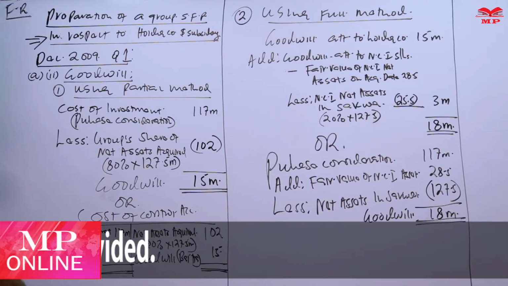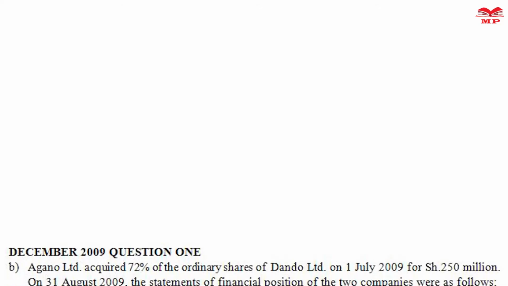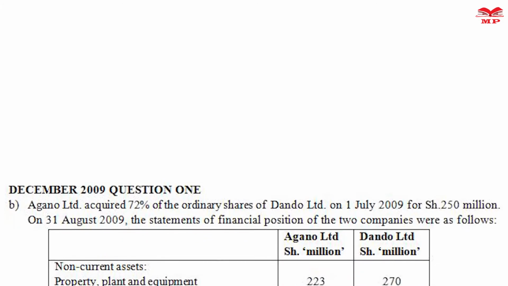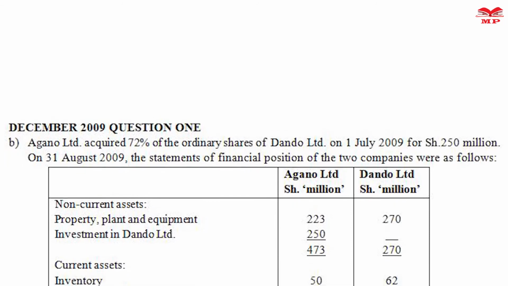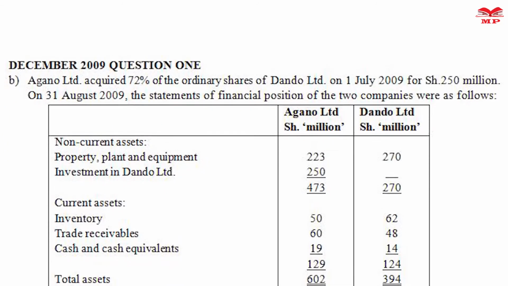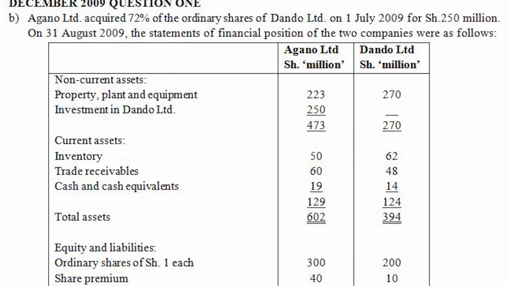Fine. Now, apart from that, we go to Part B. Part B says, Agano Limited acquired 72% of the ordinary shares of Dando Limited on 1st July 2009 for 250 million. On 31st August 2009, the statements of financial position of the two companies were as follows.